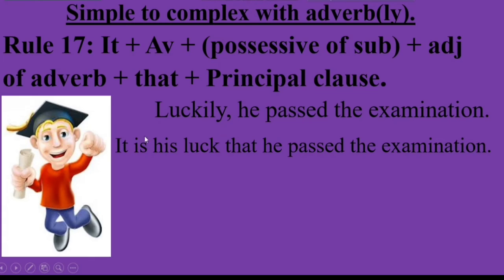Here we use it and then auxiliary verb and then possessive form of subject. Here the subject is he and its possessive form is his. And then adjective of adverb, and then that and principal clause.